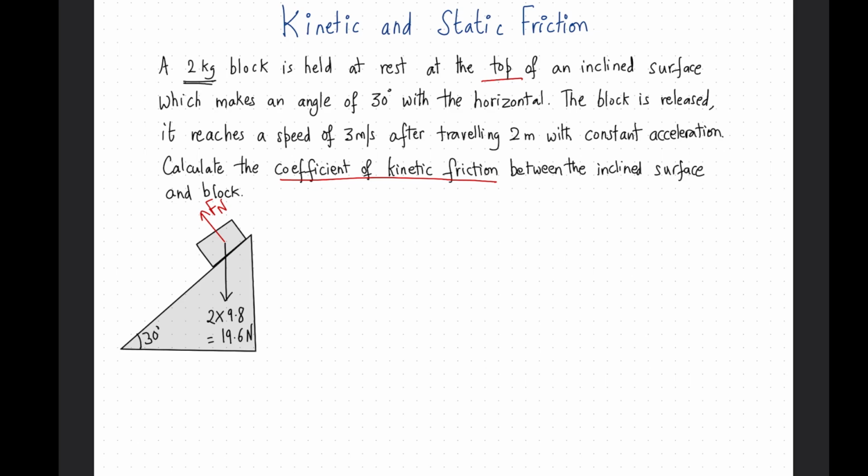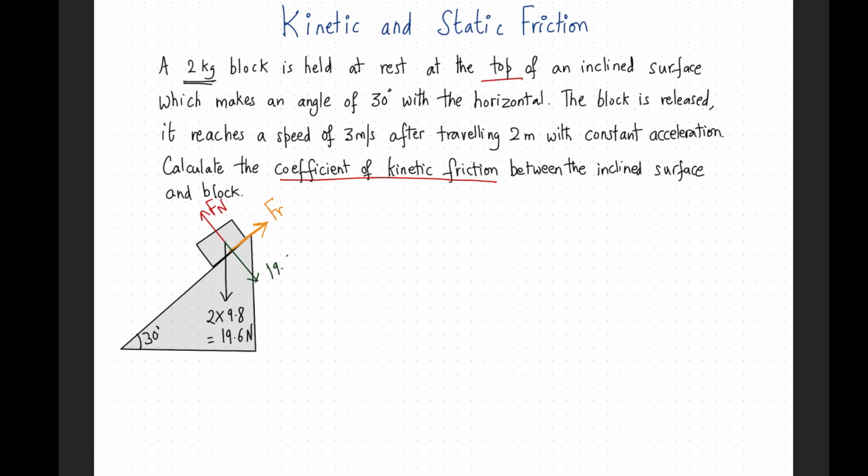So the friction will be acting opposite to the motion, upwards like this. Now the first thing, we are going to find the components of the weight, that is gravitational force. Perpendicular to the plane it will be 19.6 cosine 30, and along the plane we'll have 19.6 sine 30.